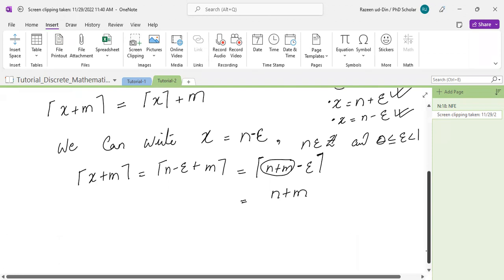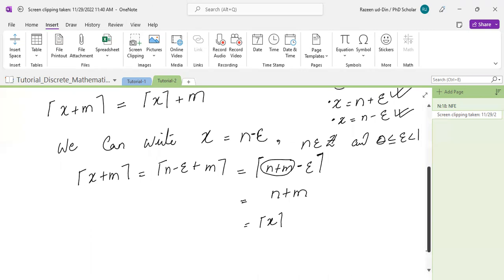And we can write n as the ceiling of x because n is an integer, and for an integer we can replace it with this function ceiling because it gives us n, right?